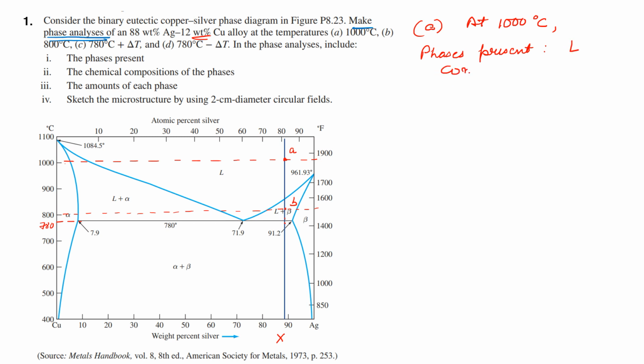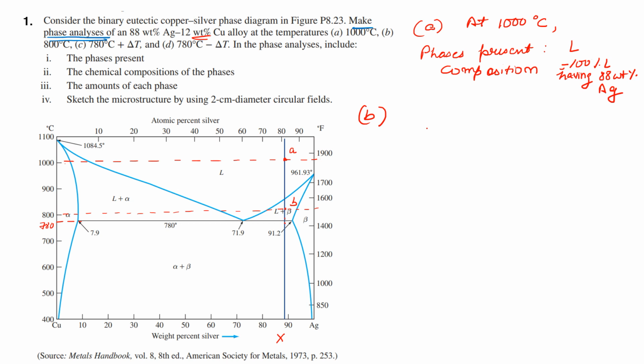And composition is 100% liquid of 88% silver. Okay, so this is at point A.